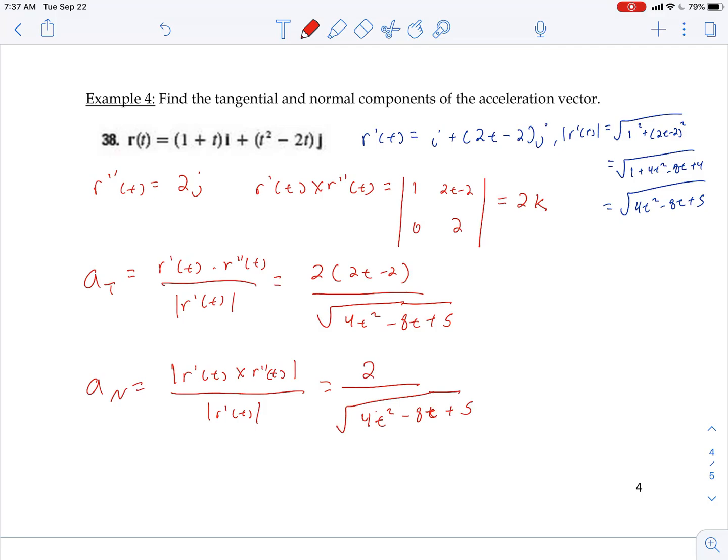And so there's our tangential component, which I'll highlight here, and our normal component of acceleration. All right, that's it.